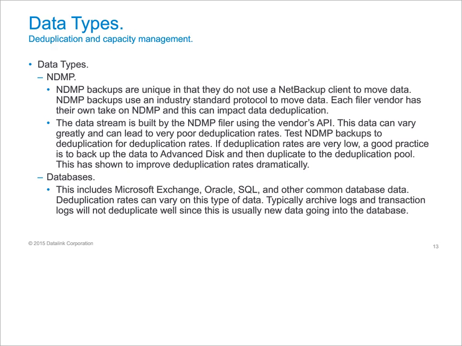So I typically recommend that you leverage your advanced disk here as well to determine if you can get better deduplication rates. A good test is to back up to advanced disk, duplicate the image over to your deduplication pool, look at the deduplication rates, and compare them to a straight backup to deduplication.